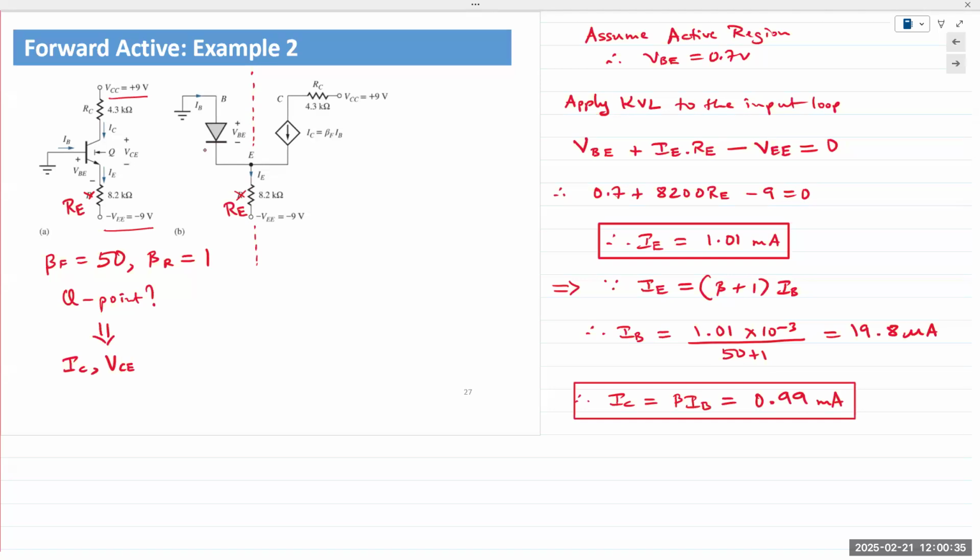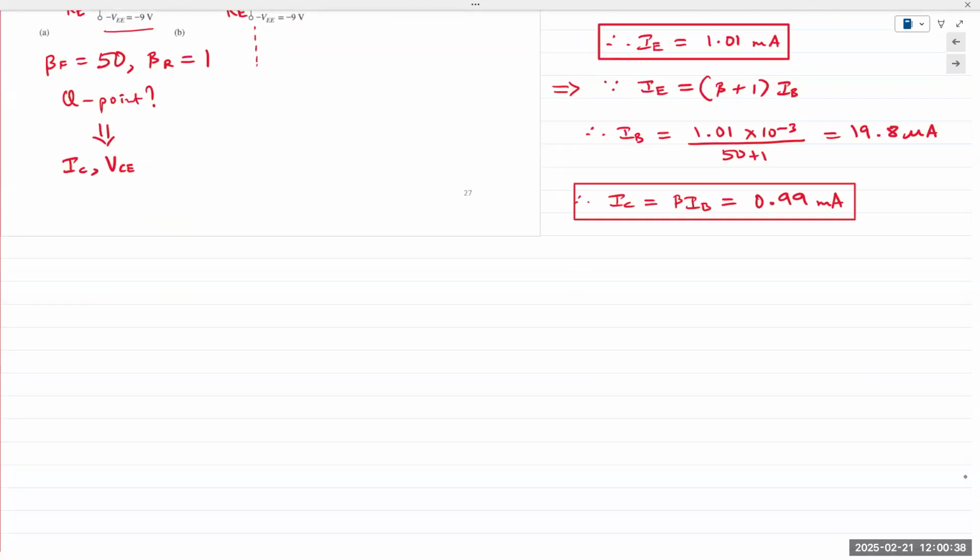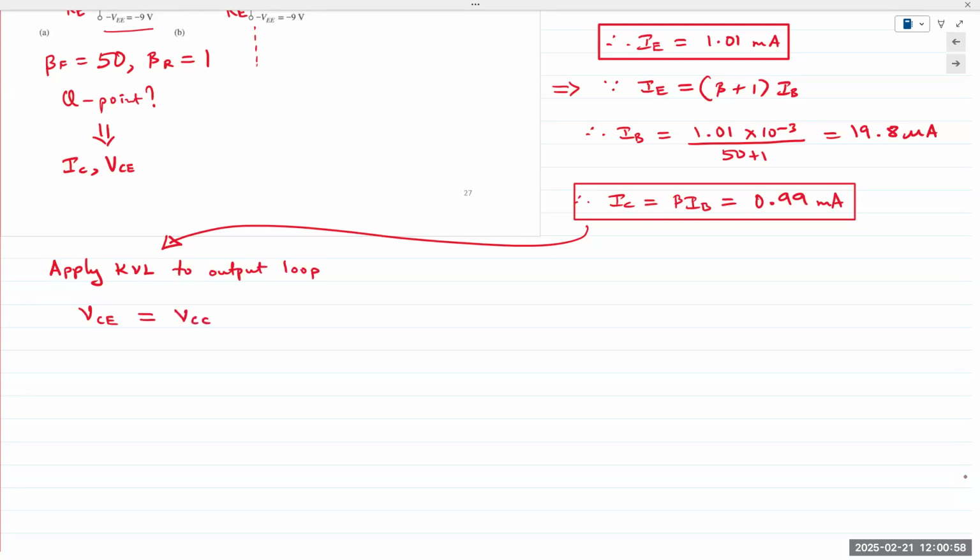All right, then we apply KVL to the output side. I'm going to go from here to here. And you apply KVL on the output side, you get VCE would be equal to VCC minus the voltage drop across the collector resistor, so ICRC, plus... oh, actually, let's see, in my method, I did not.